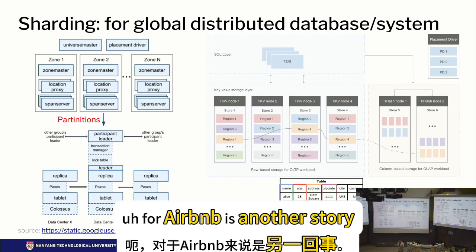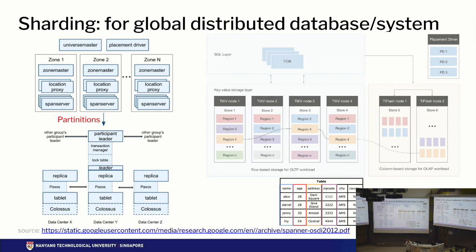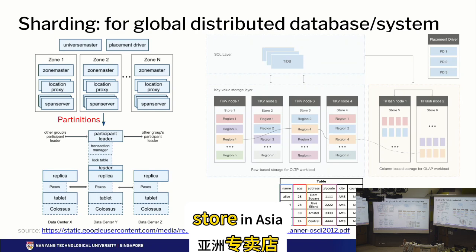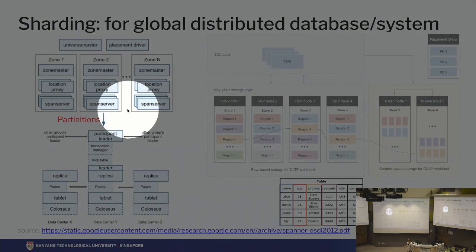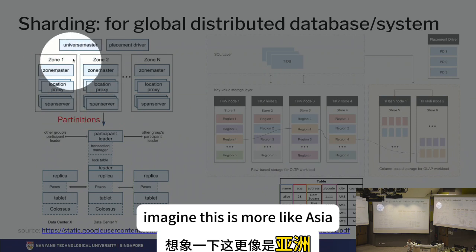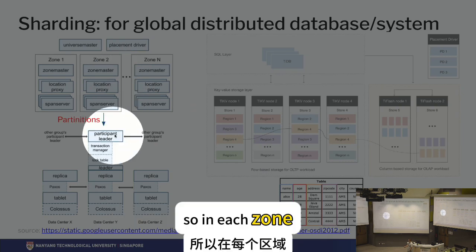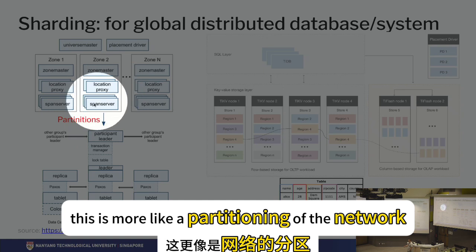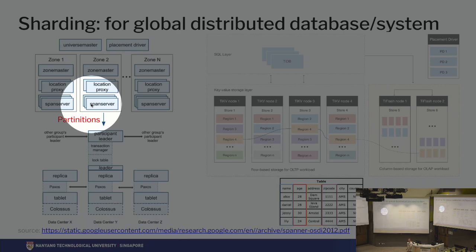For Airbnb, it's another story. But users in Asia should visit the data stored in Asia. That's where they break down the data into multiple zones. Imagine Asia, US, and Europe as different zones. In each zone, this is not a shard. This is more like partitioning of the network, so that Asia people can just access the Asia database.